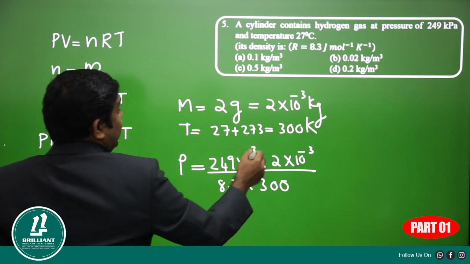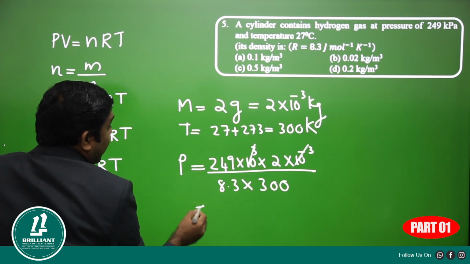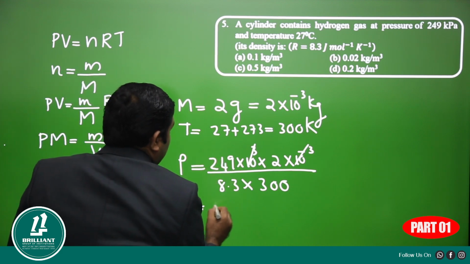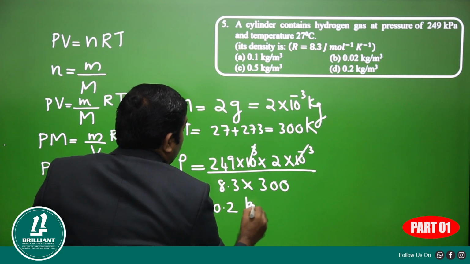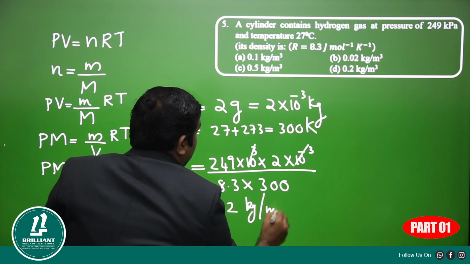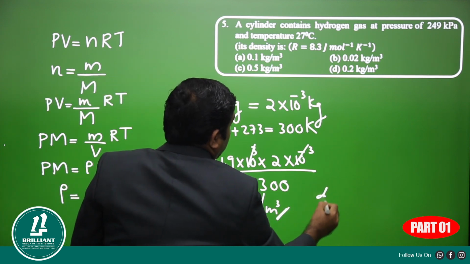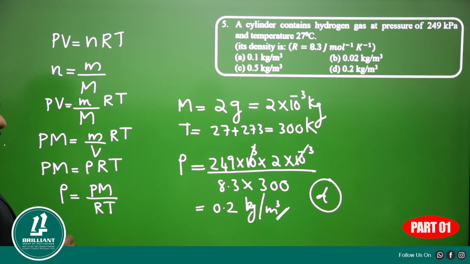Here you can simplify the 3 and minus 3 and you will get the picture. If you do this calculation, you will get the answer 0.2 kilogram per meter cube. The right answer is option D. Option D, the right answer.